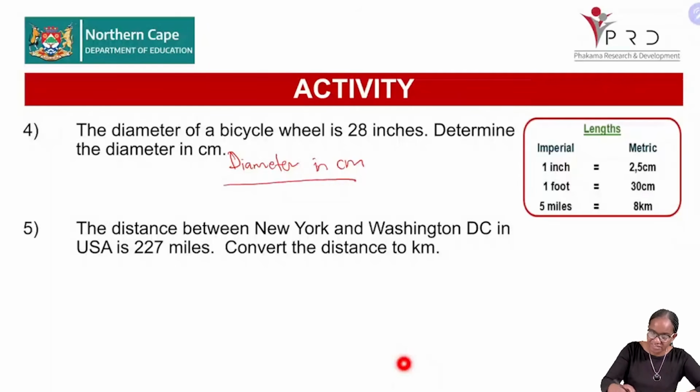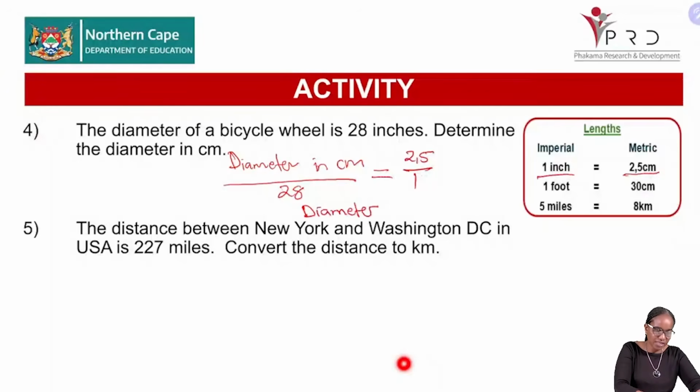It's already given in inches. It's 28. This will be equal to the centimeter over the inch. So centimeters will be 2.5, inches 1. If you multiply that, your 2.5 times 28, you should be able to get your diameter as, punch that in your calculator, what will you get?